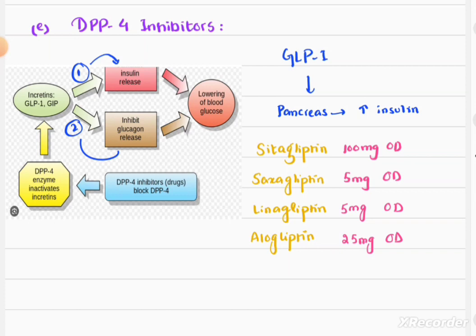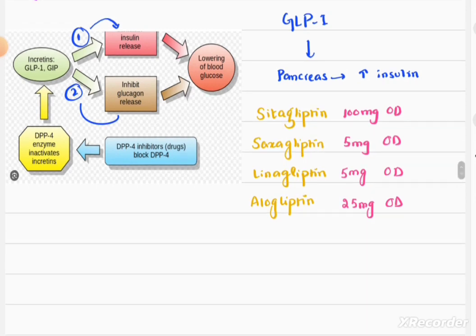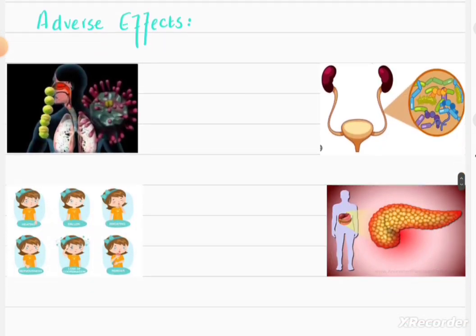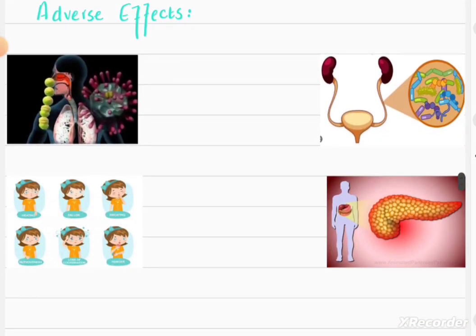Now they have a good anti-diabetic effect, and along with that they also have some adverse effects which are due to their physiological effects in the body. Usually, the patients who are taking DPP-4 inhibitors have a slight modulation of the immune system, which results in mild infections, including upper respiratory tract infections and urinary tract infections.